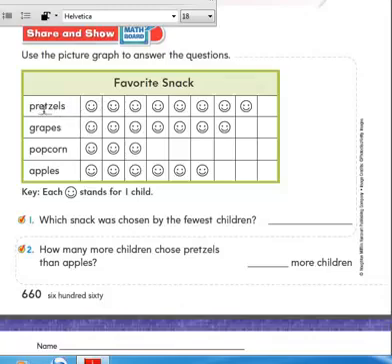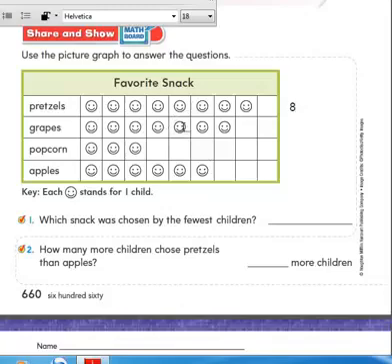Related to pretzels, I have to count how many smiley faces there are here. Let's count together. 1, 2, 3, 4, 5, 6, 7, 8. So there are 8 students, or 8 children, who choose pretzels.